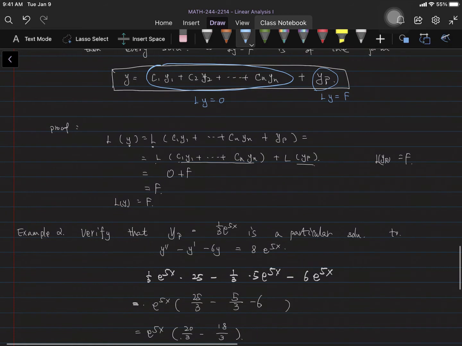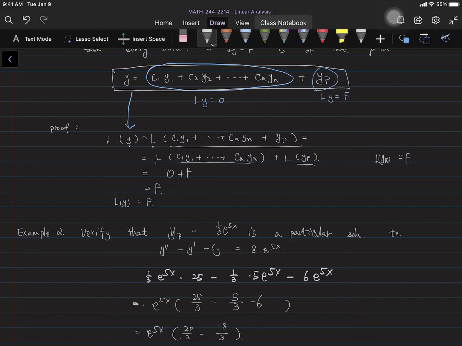It's pretty easy. If we plug this into the differential equation, Ly, we just write it down this way. And then we separate, because L is a linear operator, so we can just separate them.